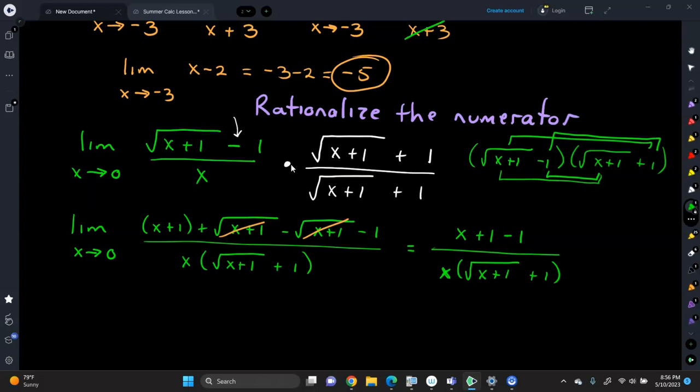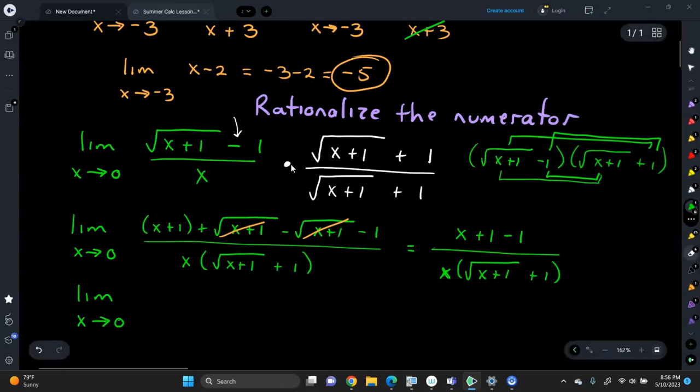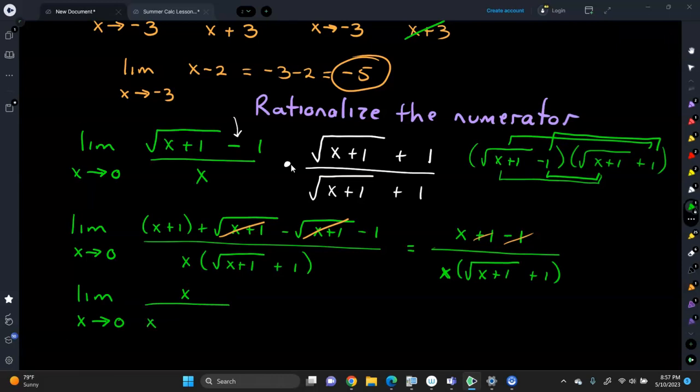I'll multiply it out later if I determine that I need to. Okay, this is going to give me the limit as x approaches 0. Here my 1's will cancel. So I have x over x times the square root of x plus 1 plus 1.